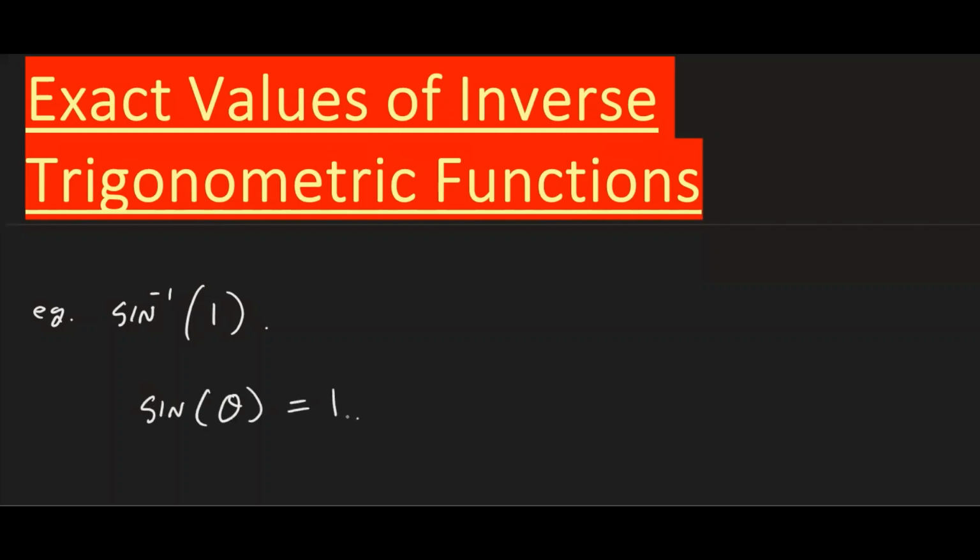But we have to be careful that this angle has a restriction, because the inverse function only exists within a certain interval, between negative pi over 2 and pi over 2. So whatever that angle is, it must be between negative pi over 2 and pi over 2.